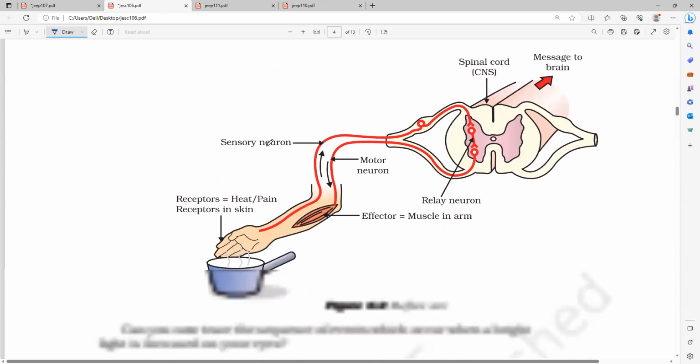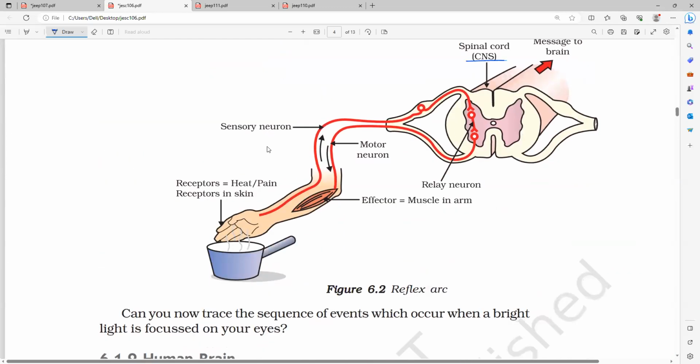Understanding? So they will pass the information to the CNS with the help of sensory neurons. And from the CNS, the information will go to whom? Effectors, that is muscles and glands, with the help of other neurons. What are those neurons called? Motor neurons. Correct or not? All of you? Please respond.